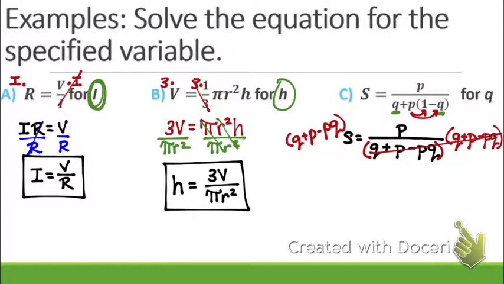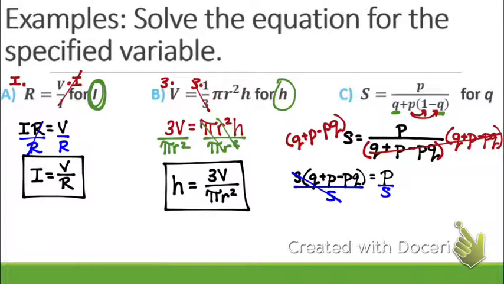I am not going to distribute that on the left. Divide by that. I'm going to divide by S so that I can get rid of that piece.